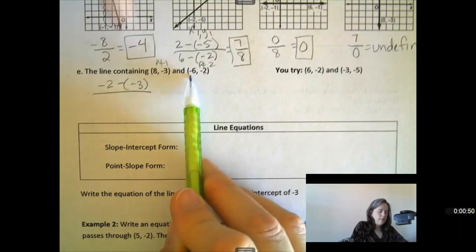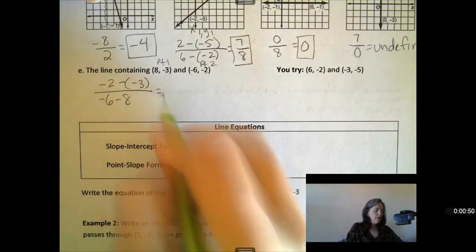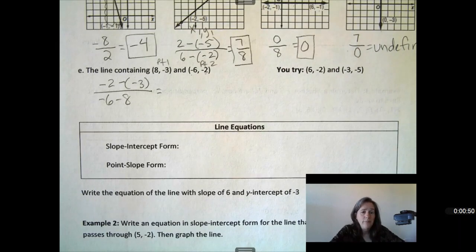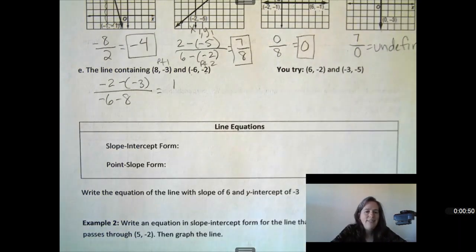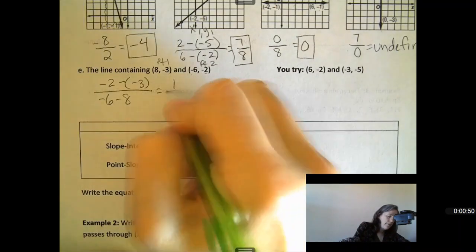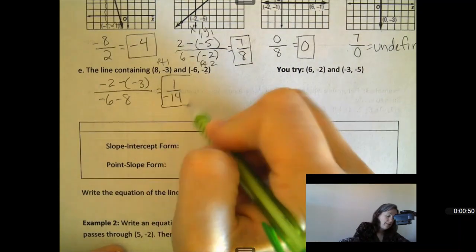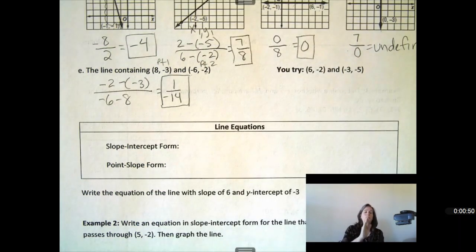And now we do x2 minus x1. All right, -2 plus 3 is 1. And -6 minus 8 more is -14. So the slope on this is a pretty interesting 1/14, rise 1 and then run backwards 14.